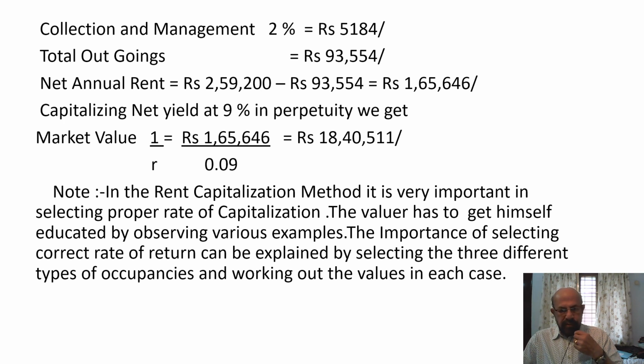The valuer has to get himself educated by observing various examples. The importance of selecting the correct rate of return can be explained by selecting 3 different types of occupancies and working out the value in each case.